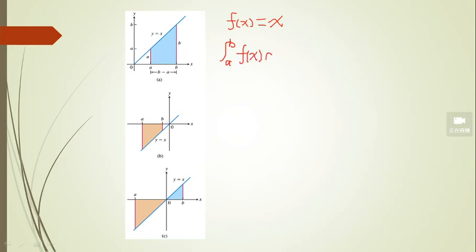Don't forget the dx, and this dx indicates we use x as the independent variable, and it doesn't matter whether you write f(t) dt or f(r) dr, right? So here, what is my function actually? My function is x dx, right? That is the definite integral we use to denote the area.